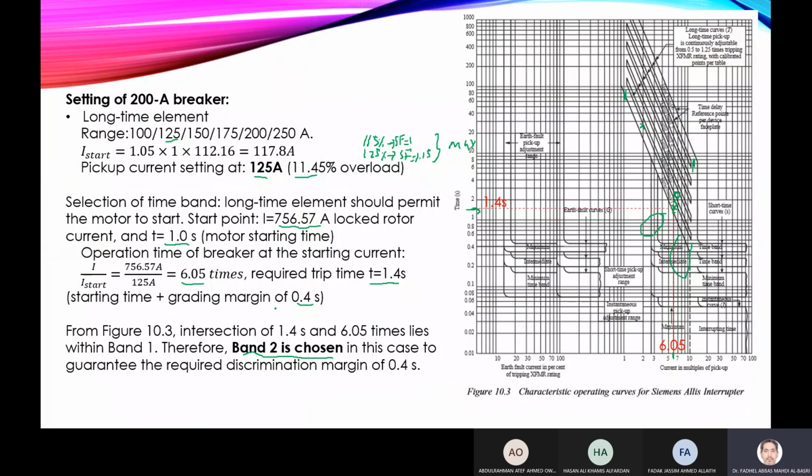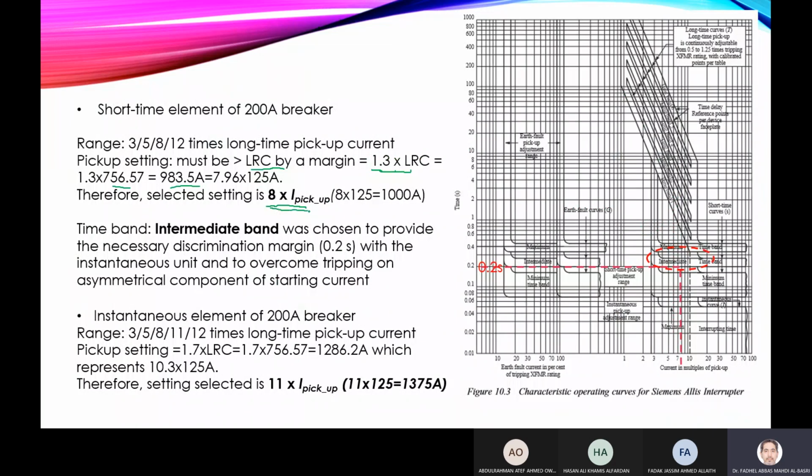So I choose now 8 times the pickup setting, which is equivalent to 1000 ampere at the primary current.